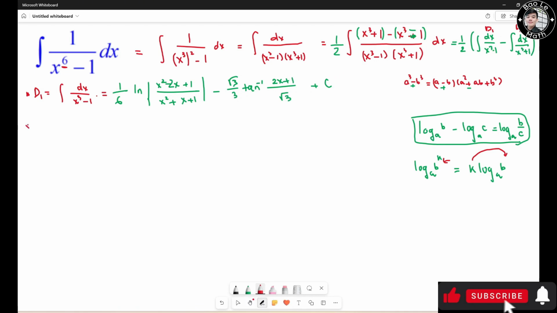So if we do the exact same thing, we will have d2, which is going to be the integral of ds over s cubed plus 1.